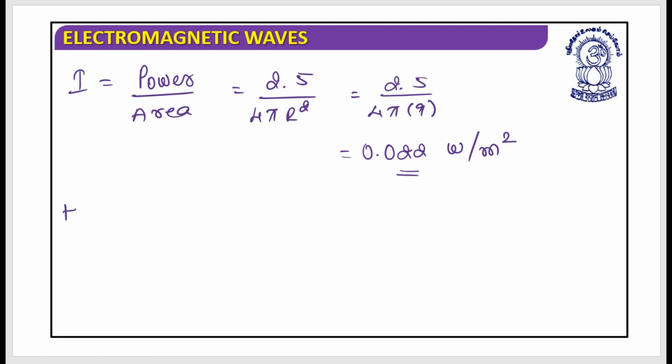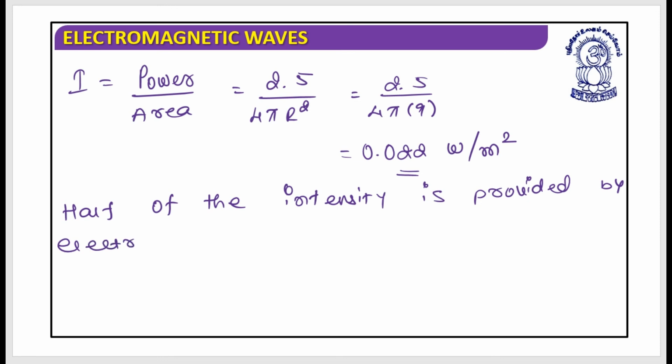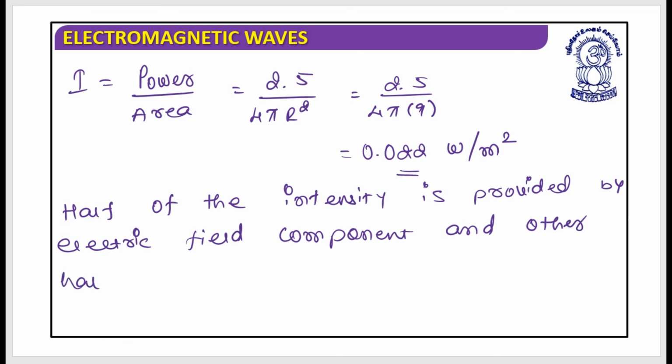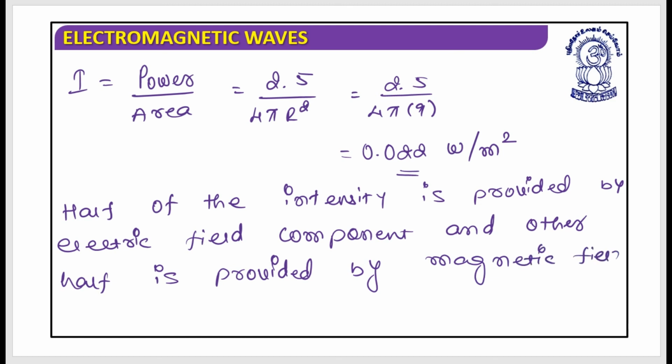Now this is the total intensity, within which half of the intensity is provided by the electric field components and the other half is provided by the magnetic field components.